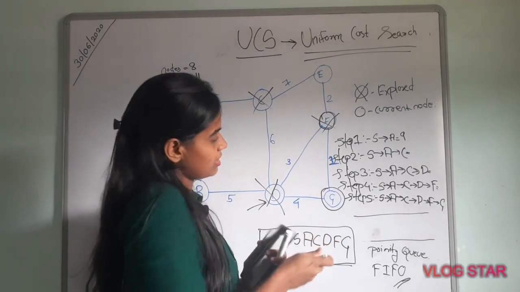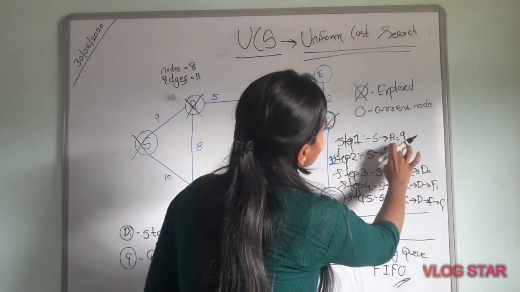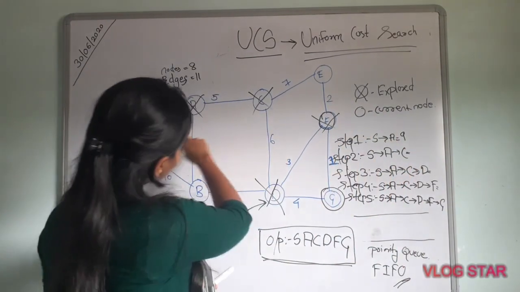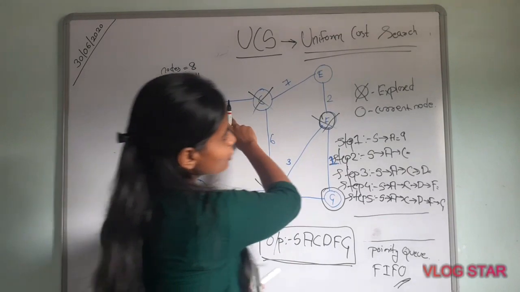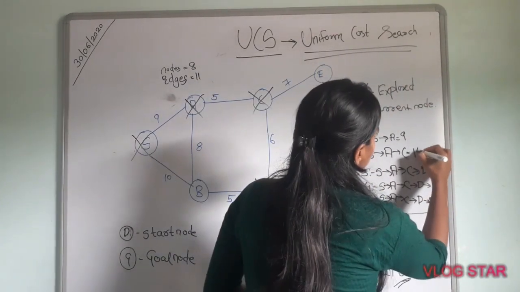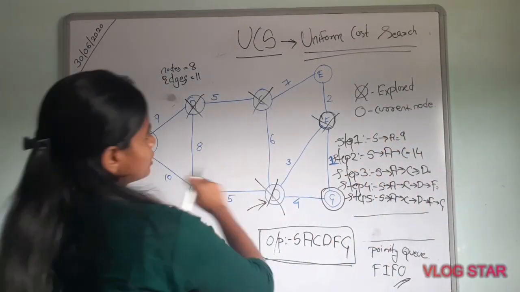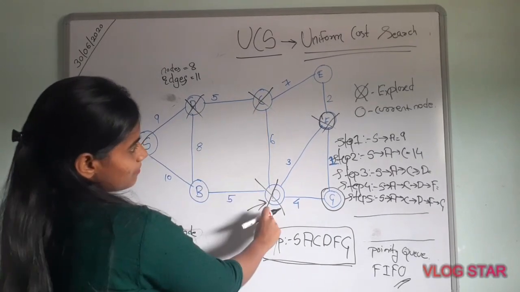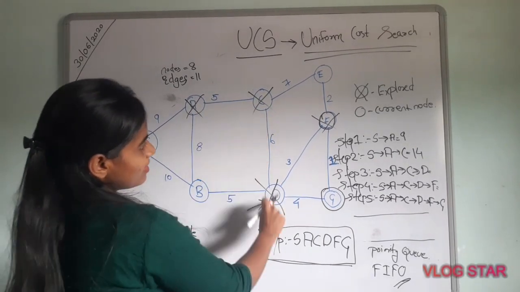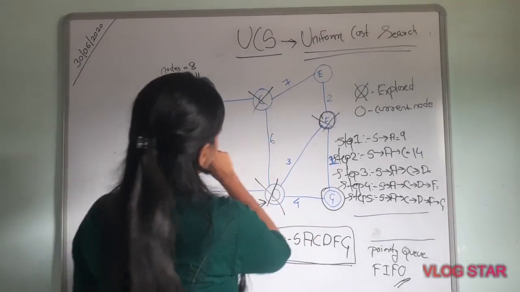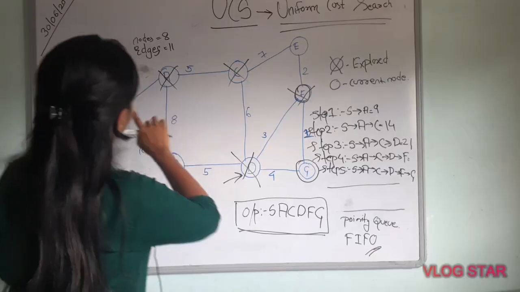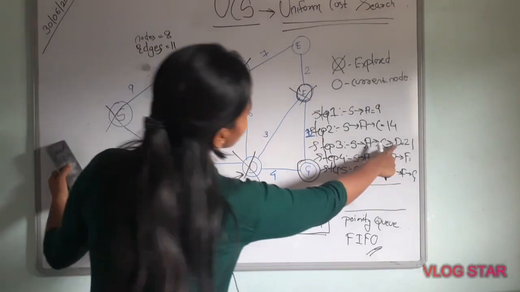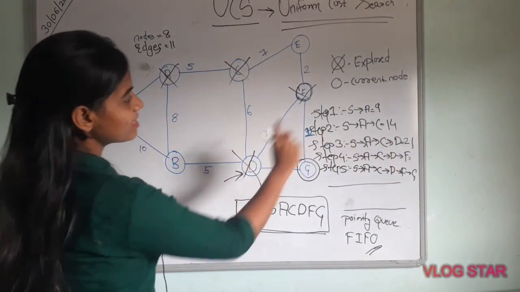S to A to C, 9 plus 5 is 14. Right. Now S to D, S A C D, 14 plus 6, that is 21. So S to D we got 21.